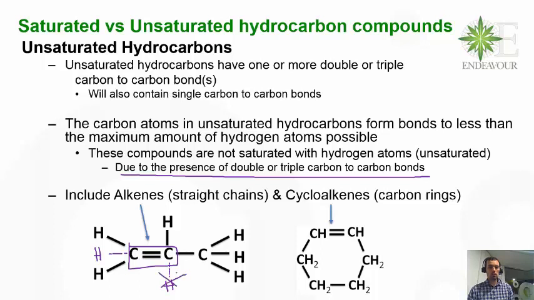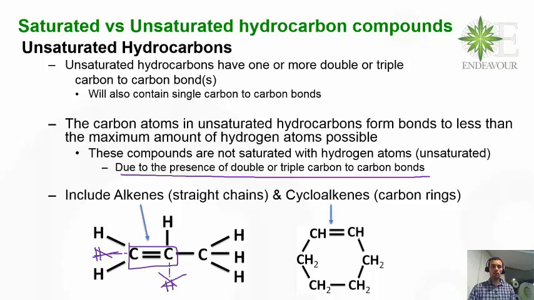So this means there are going to be 2 fewer hydrogens in an alkene, which is a hydrocarbon with a double bond, than there would be for the alkane with the same number of carbons. Wherever we have multiple carbon-carbon bonds, there have to be fewer hydrogens attached, because we're taking away bonding positions for hydrogens.